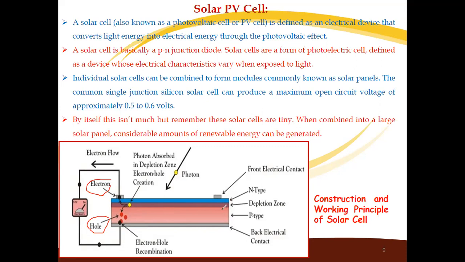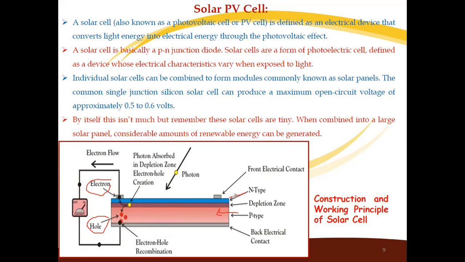There is a very thin layer of P type semiconductor, on which is grown a relatively thicker N type semiconductor. Now we have this N type semiconductor.